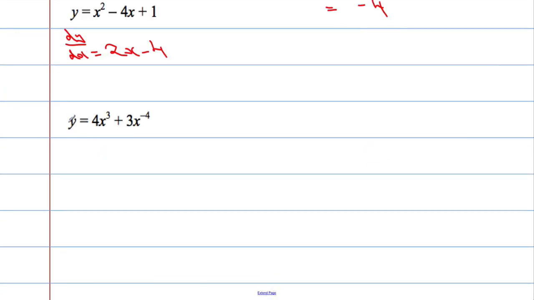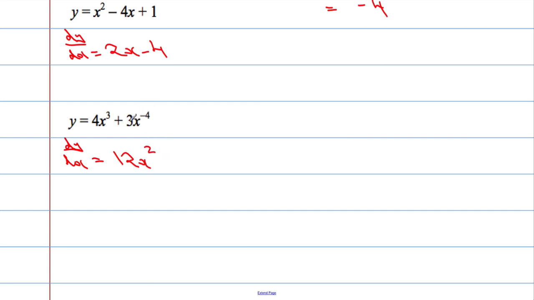One more. So y equals 4x cubed plus 3x to the negative 4. So dy by dx equals, take the power, multiply by the coefficient of x, so we get 12, reduce that power by 1, x squared.